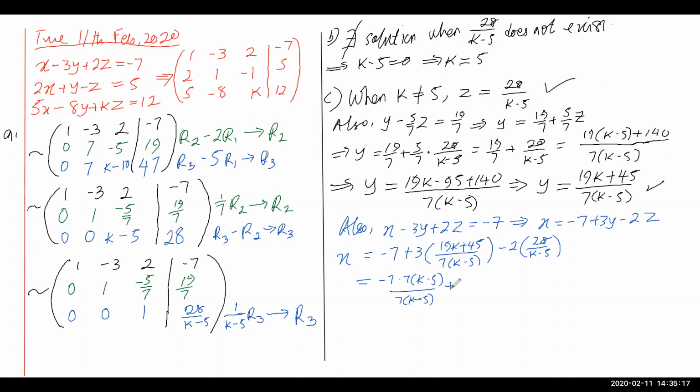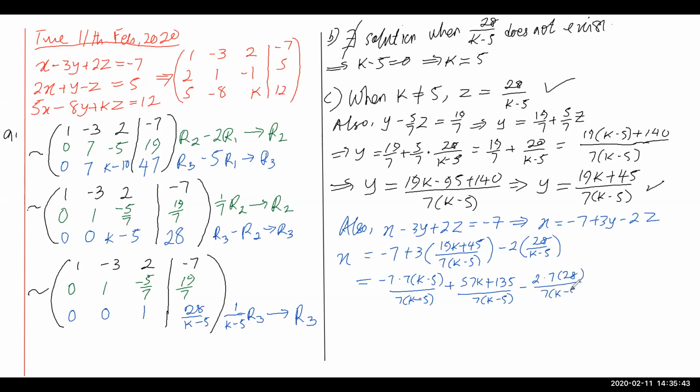So 3 times 19, 57. So we get 57k plus 105 or 135 divided by 7 times k minus 5. Here, that would be 56, but we need a 7. So that's 2 times 7 times 28.